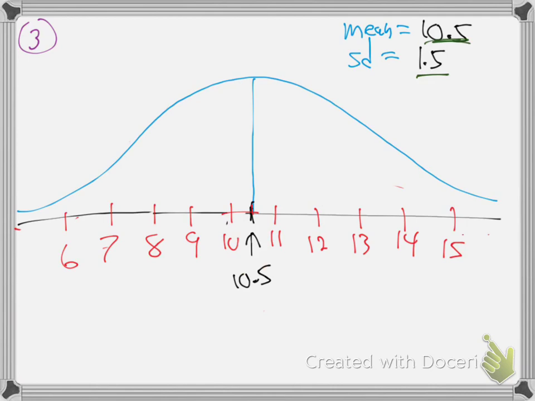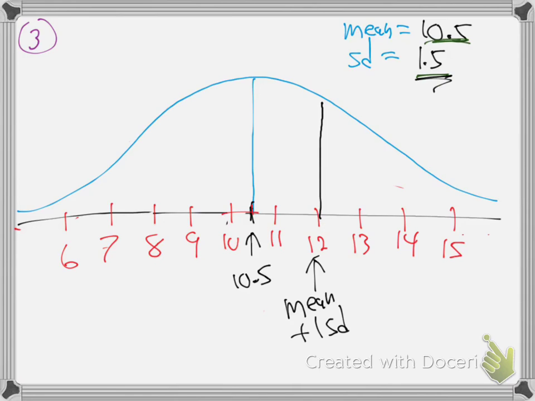If you go 10.5 and you add 1.5, if you have $10.50 and you add $1.50, you got $12. So we're at size 12. That's going to be one standard to the right. This is the middle, the mean, plus one standard deviation. It deviated from the middle one standard amount, the typical amount. That means 1.5.